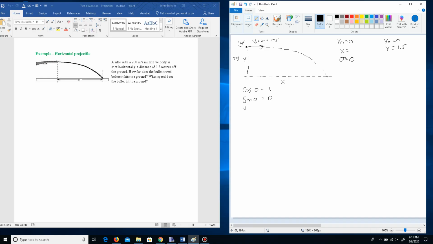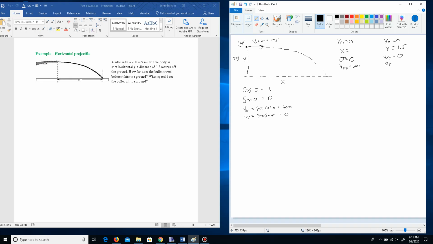So v sub 0x is 200 cosine 0, which is 200, and v sub 0y is 200 sine 0, which is 0. Okay, and we can just visually look and say, okay, well, this is horizontal and not vertical at all. So v sub 0x is 200, v sub 0y is 0.